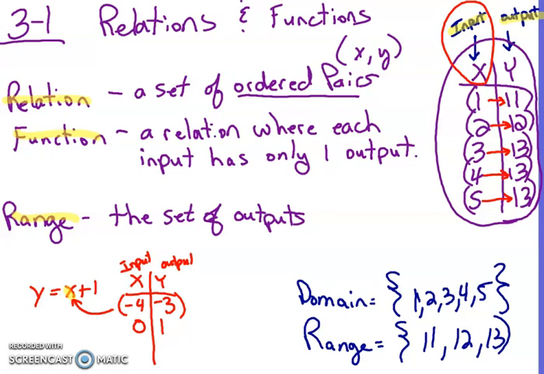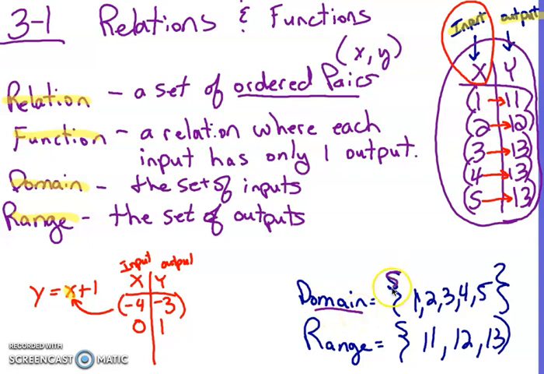And again, we have the domain and the range. I've already talked about that. The range is the set of outputs, and the domain is the set of inputs. I've already said it several times, but it's there. So the domain is a set of inputs. Remember set notation: you put braces, and then look at your input column, 1, 2, 3, 4, 5, and that's what I put there, and then close your brace.